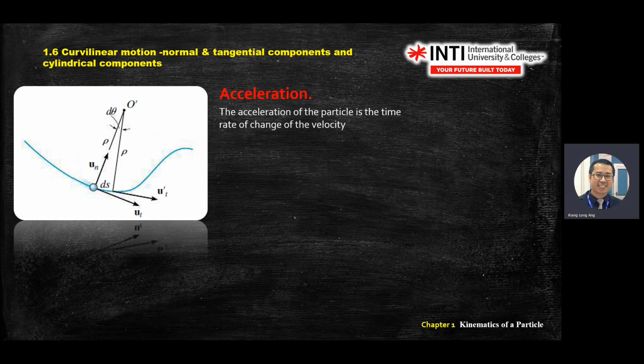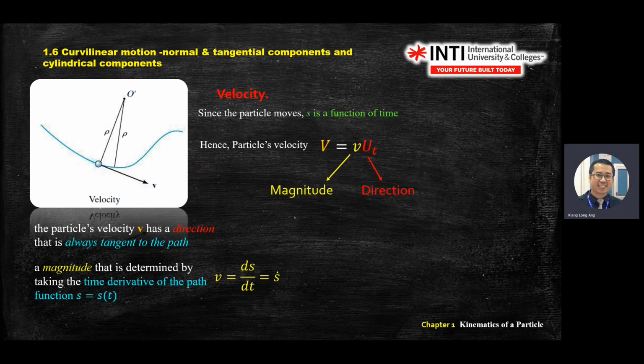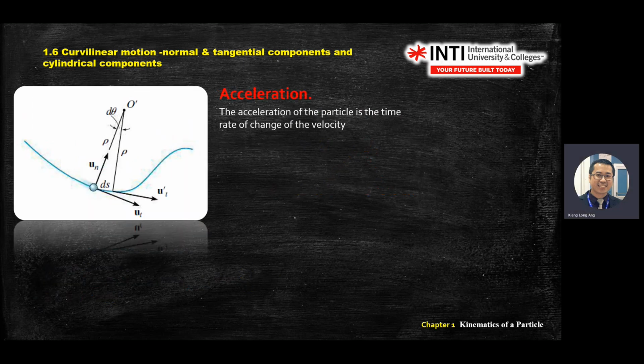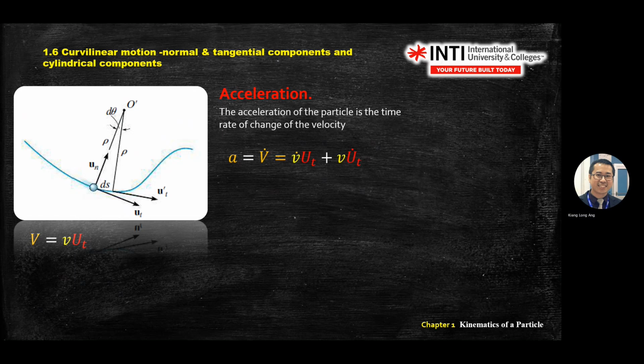Acceleration is also the same. You know the acceleration definition is a equals dv/dt. Just now the v was given as v ut. So acceleration is the time derivative of a vector, right? You need to use the chain rule.